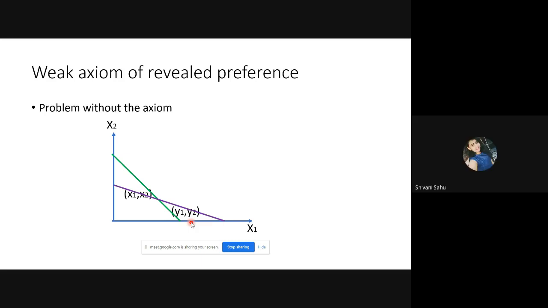Ma'am, can you please repeat? Yes, I'm telling you, if x1, x2 is directly revealed preferred to y1, y2, then it cannot happen that y1, y2 is directly revealed preferred to x1, x2. This is the weak axiom. If this is true, then this is false. That if this is happening, then this should not happen. By the axiom, I am eliminating this problem.